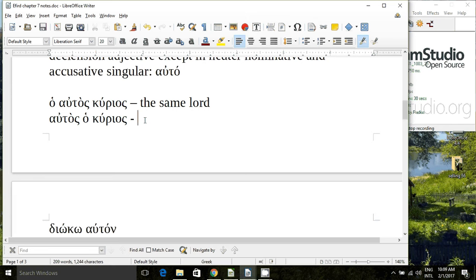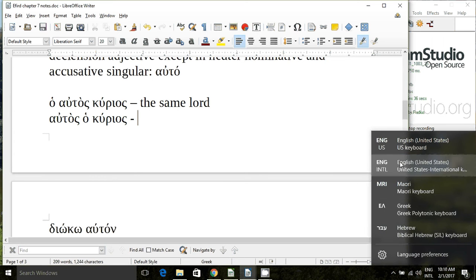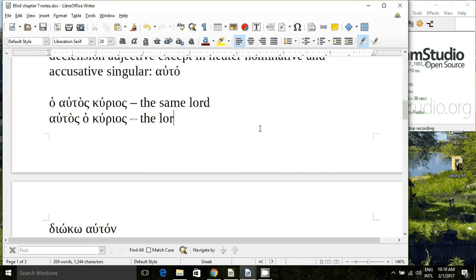But here it just serves as intensifying, is what we call it in English. This means the Lord himself. Let's add a verb: the Lord himself says. That's how you would do it.